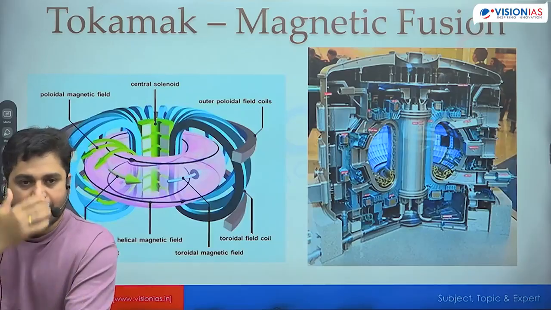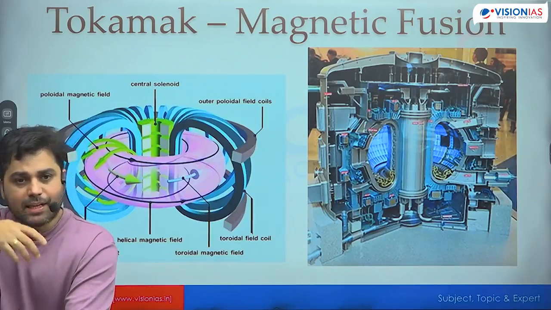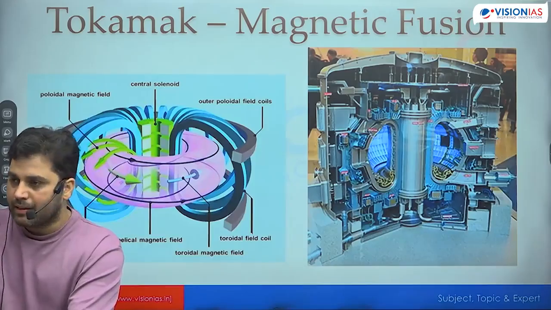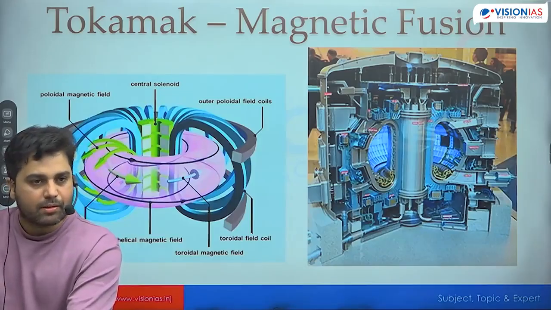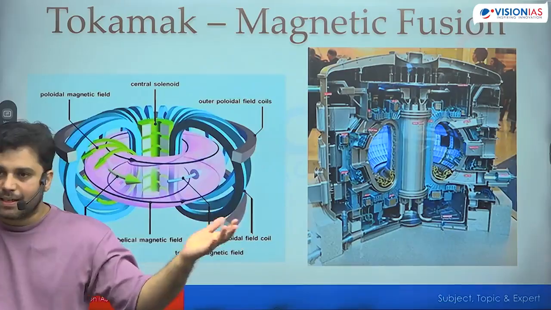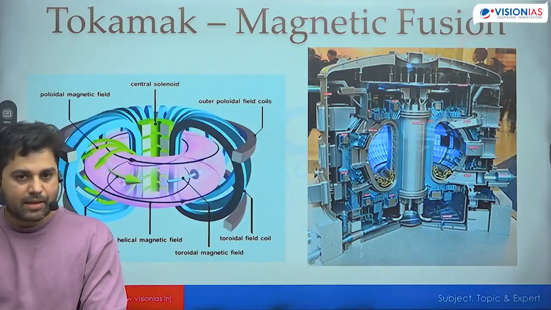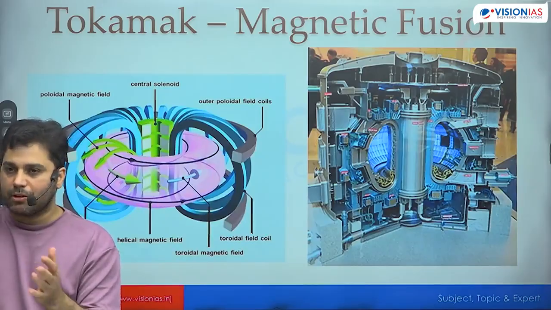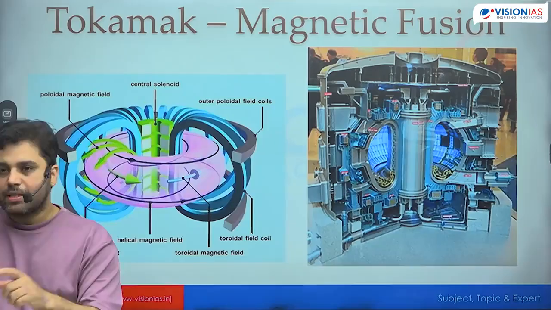When objects come to such high temperature that electrons often come out of the atomic and molecular bond, they then coexist with the positively charged ions. So this negatively charged particle, electron, coexists with positively charged particles. So you can think of plasma as a gas which is ionized.